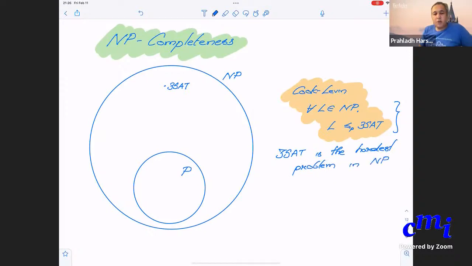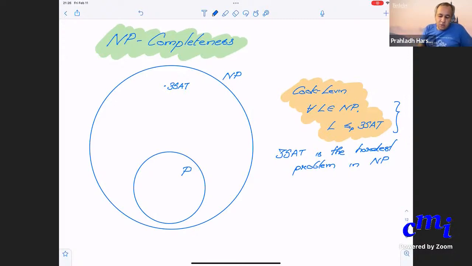What it means is, if you can solve 3-SAT, you can solve every problem in NP. 3-SAT seems as if it's a shallow problem, but even these deep math theorems, which are also sitting in NP, will also become easy if 3-SAT is easy.